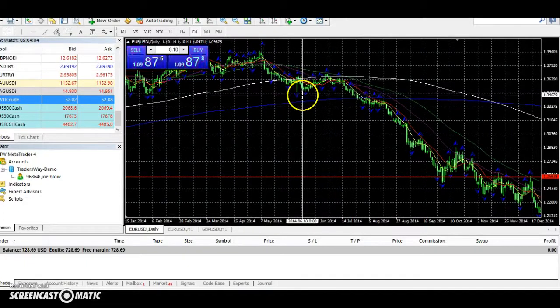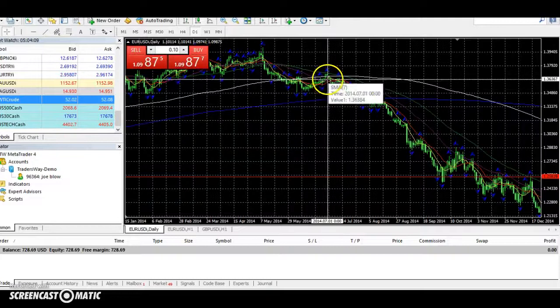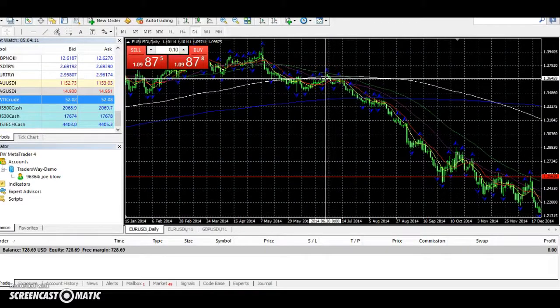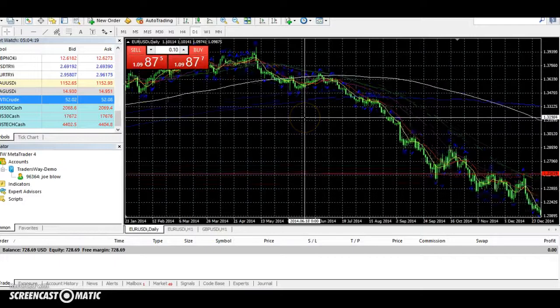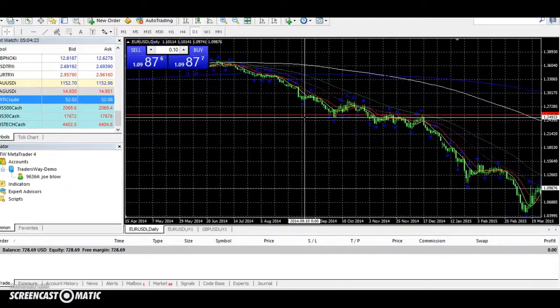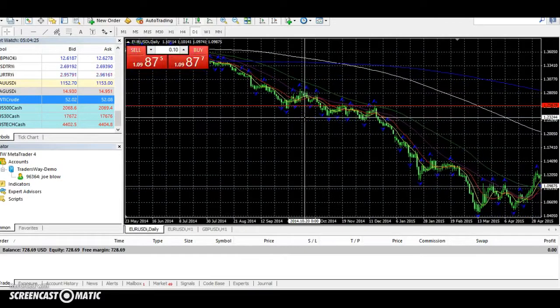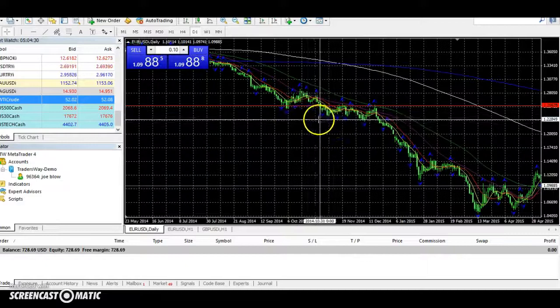So it crosses, so I guess you could say that's one tap, and then it will cross again and tap that moving average, and then when you see price under the 200, which it is, that's a downtrend. This is a downtrend for the year, a swing trade.